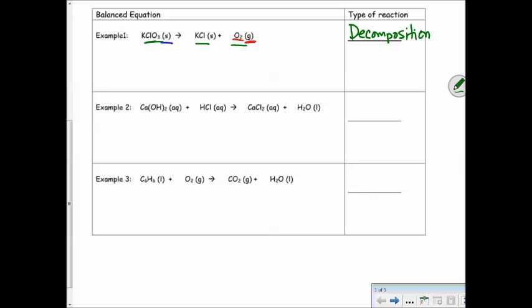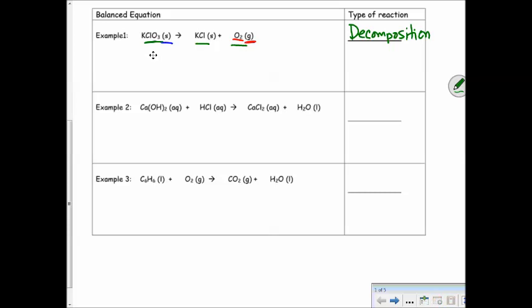Now, in order to balance the chemical equation, we do have to understand that we have to follow the law of conservation of matter, also called the law of conservation of mass. And we can write that down at the bottom of the page.